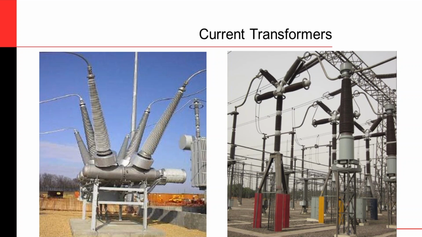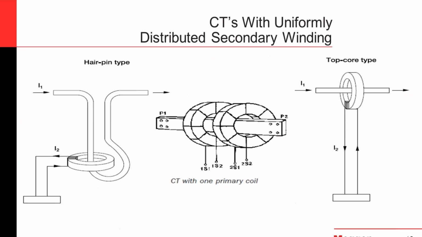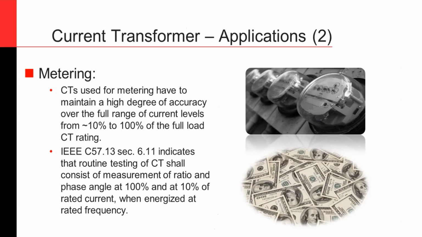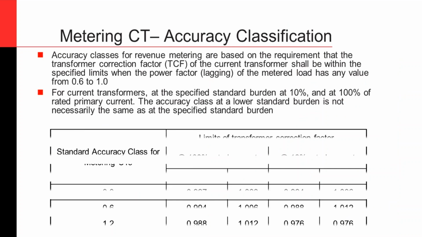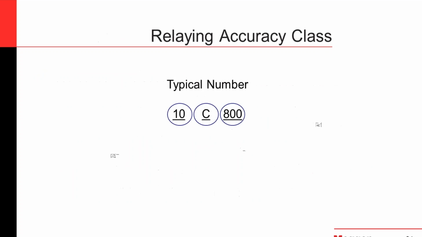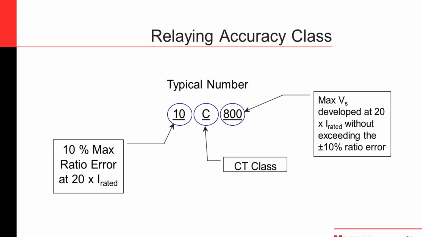Now, third question: what is a 10C400 CT? What is the 10 before class C?